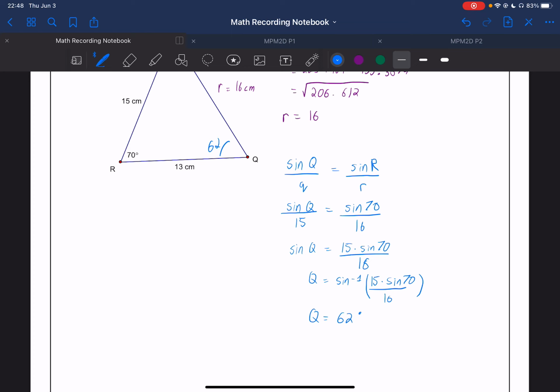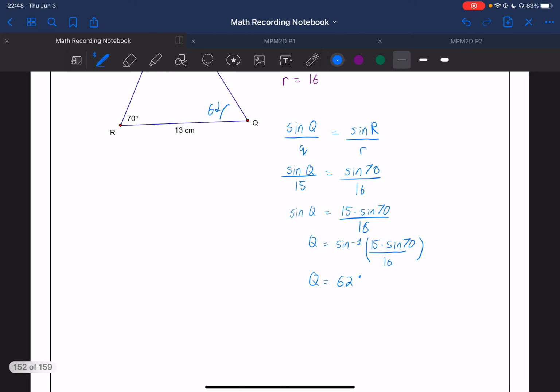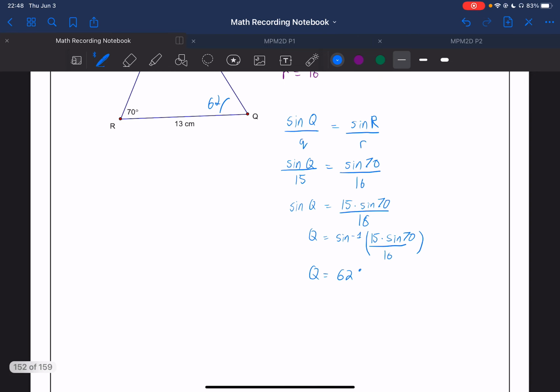At this point, we now have two of our three angles, and we can use the principle that all interior angles of a triangle add up to 180. So we can say that angle P, I'm going to change colors just so you can see, angle P is equal to 180 minus angle Q minus angle R. 180 minus 62 minus 70 gives us 48.